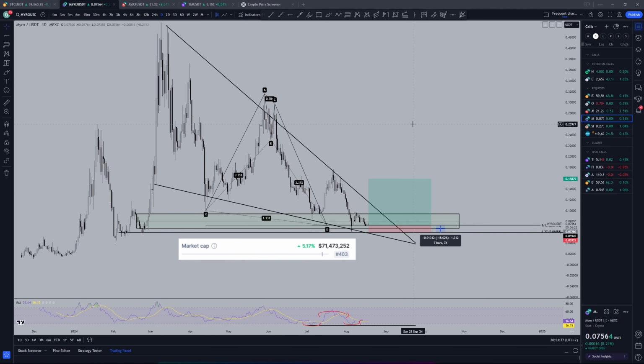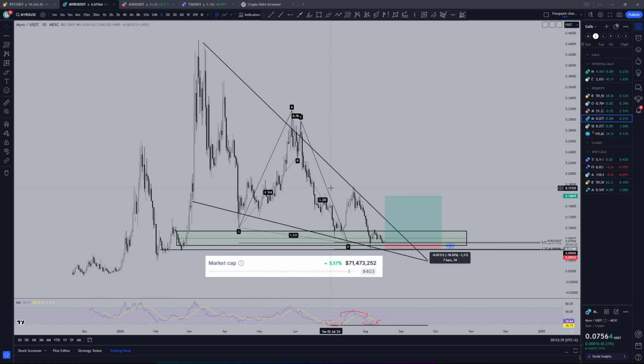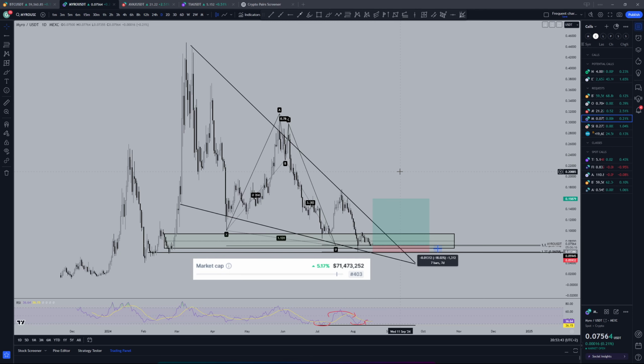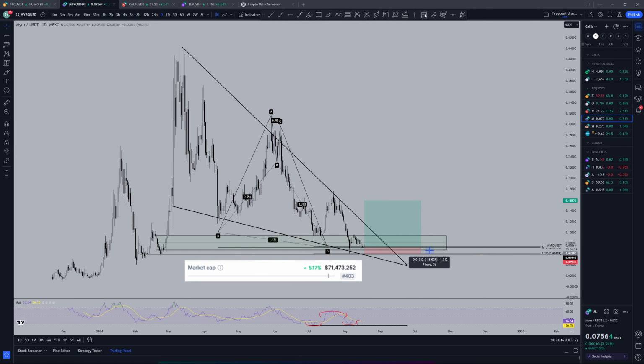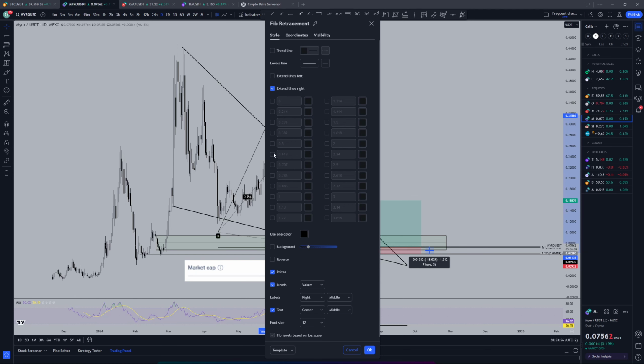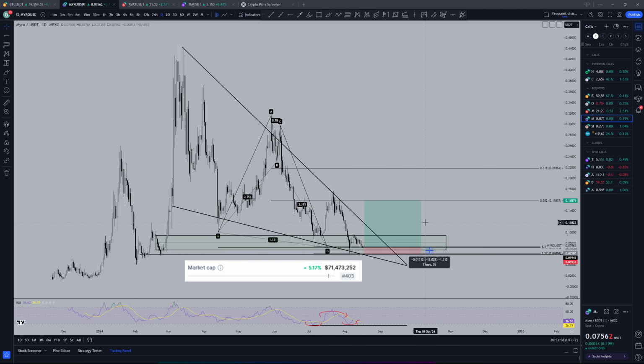But I do think if you like it and if you have some allocation for meme coins, I think Myra looks really good. Sure, your potential is amazing, right? Your potential is so high. Because even to, let's just draw the technical targets, right? Let's just use 0.382 and 0.618. Your downside is going to be 20%-ish, right?